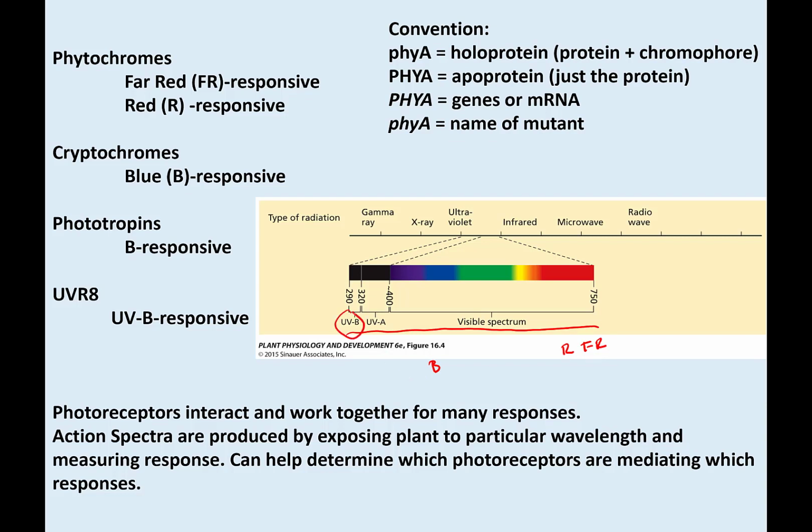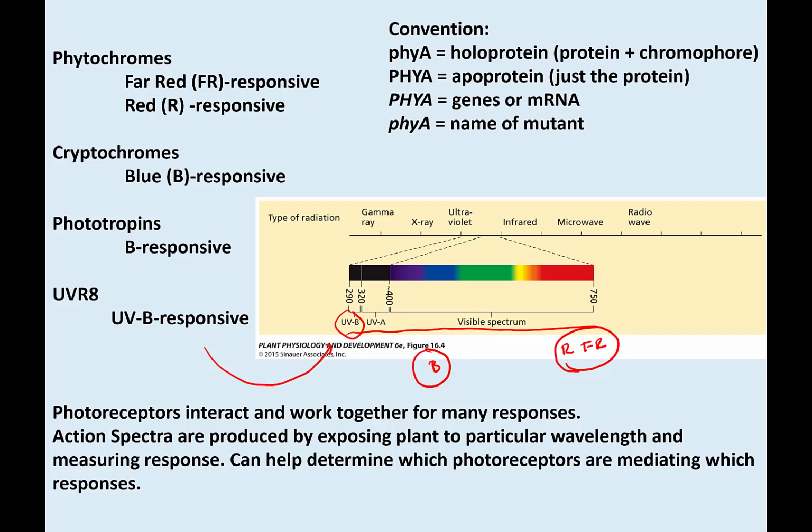Phytochromes absorb red and far red light. Cryptochromes and phototropins absorb and respond to blue light. And UVR8 is a UVB responsive photoreceptor. But again, today we're focusing on phytochromes.